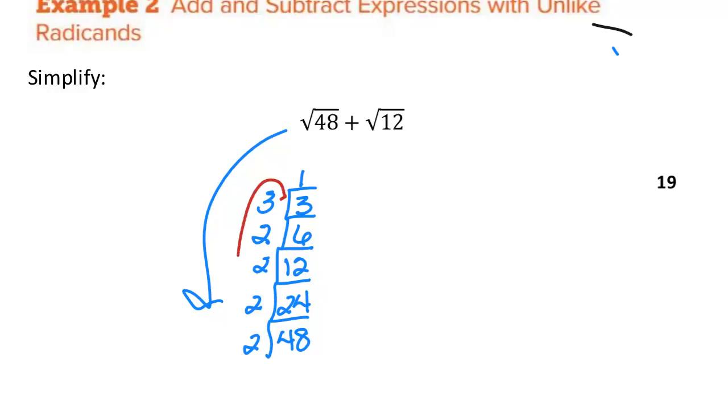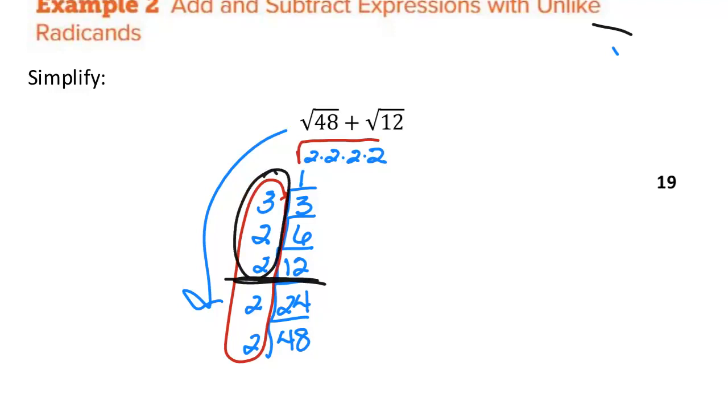So these are all my prime factors that I need to rewrite under the radical sign. So I have 4 2's that I'm multiplying. 2 times 2 times 2 times 2 plus, hey, wait a minute. We could do square root of 12, but we just have the square root of 12 right here, right? So the square root of 12 is this much of it.